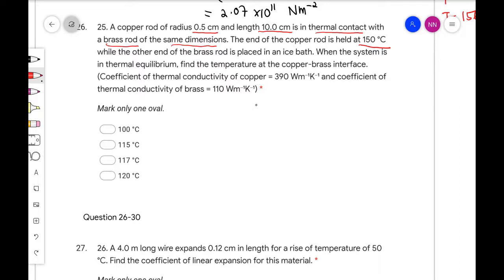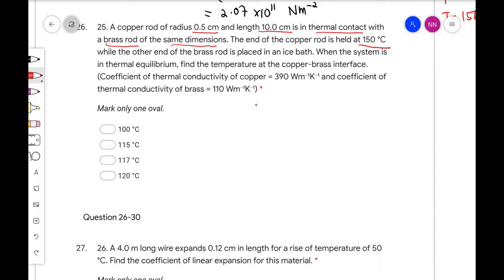So this is a copper rod connected with a brass rod. Their lengths are the same and the radii are the same.